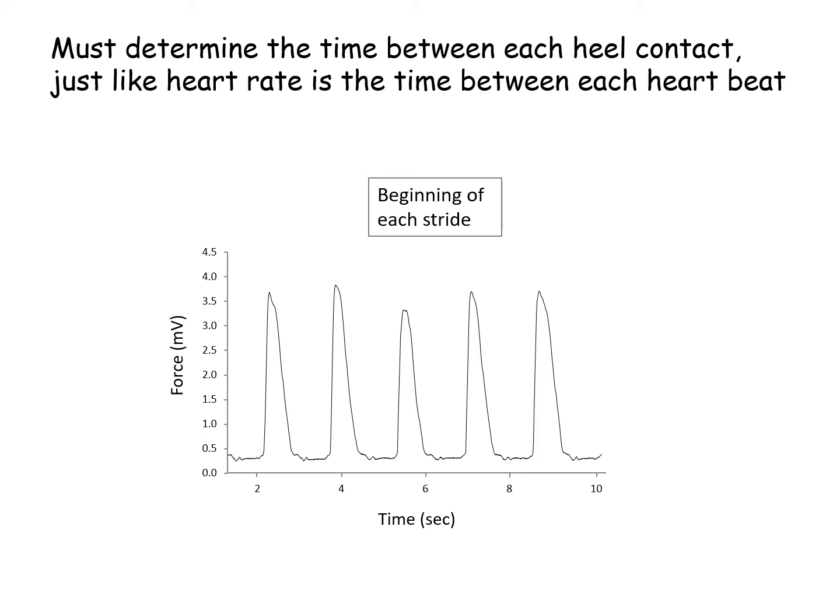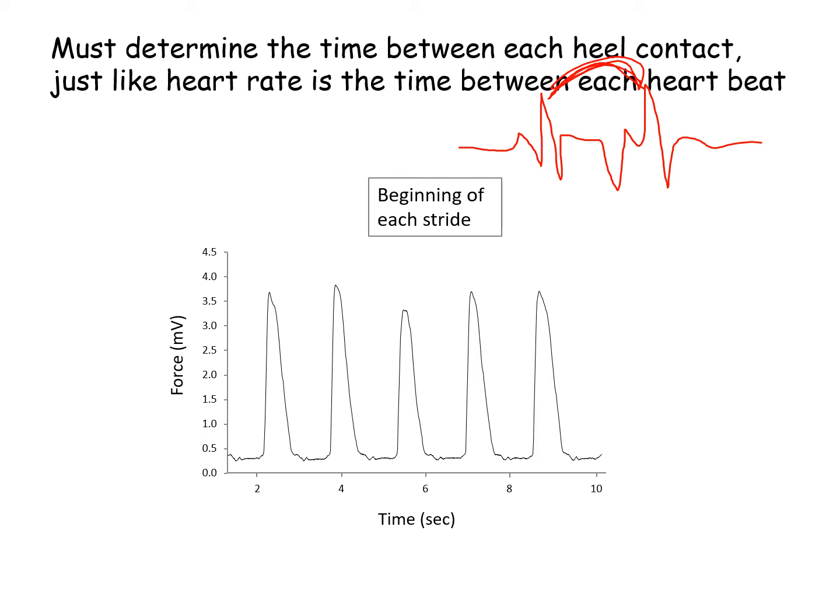We spell cardiac with the C, we don't spell it with a K. But you'll see an electrocardiogram signal look something like this. Not perfect, but it'll look something like that. We measure this interval. We call it the R to R interval. That's the time between each beat of the heart.